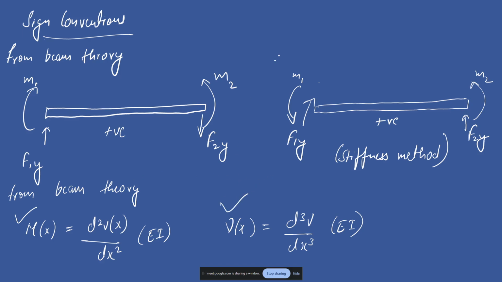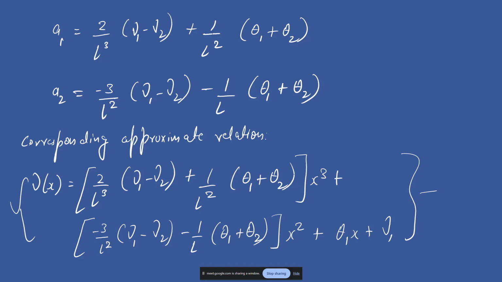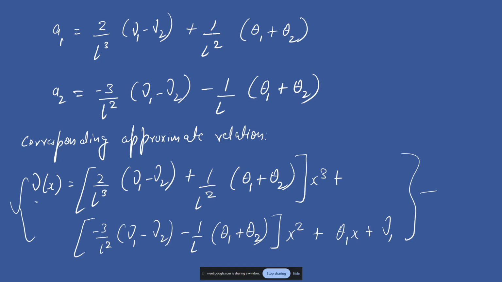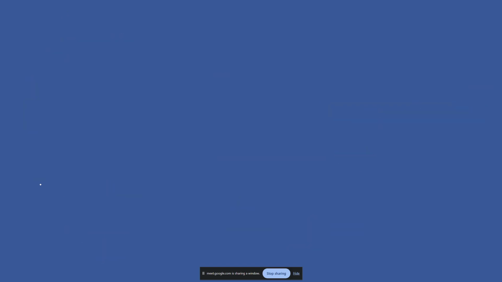So your moment is given like this, your shear force is given like this, and to utilize them, we know our approximate solution for the displacement is given by this particular function.